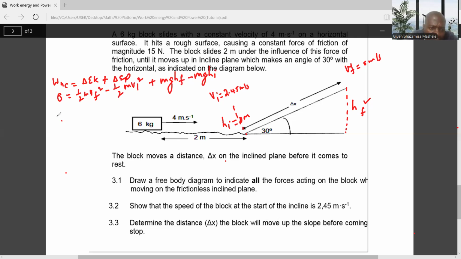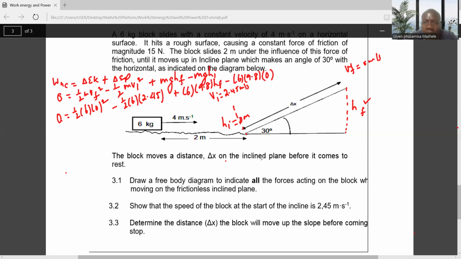Then now we can do the substitution. Half of, okay, the mass is 6. Final is 0 because it will come to rest. Mass is also 6, initial will be 2.45 here. Plus mass is 6, g is 9.8. We do not know the final height, so let's make the final height here hf. Mass is 6, g is 9.8, and what is the initial height? 0.